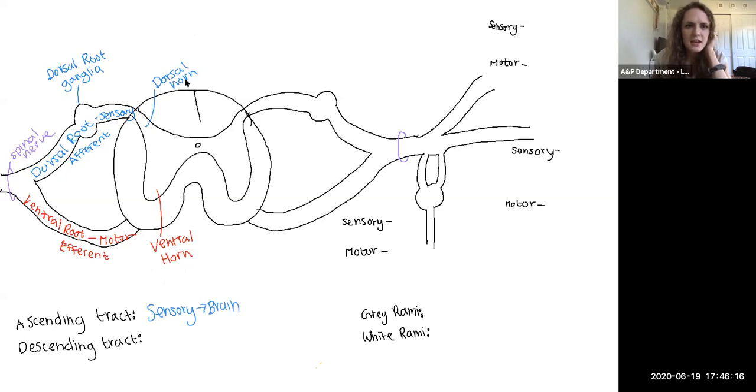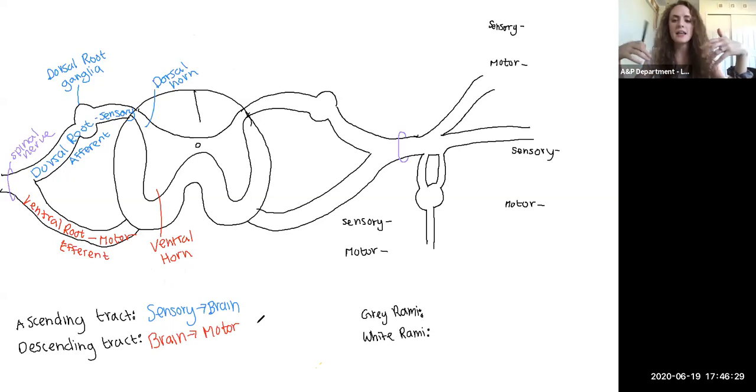Your descending tracts, so nerves that are coming from the brain down, are going to be carrying information from the brain to your motor pathways. Okay, so ascending is taking sensory information up, while descending is taking motor information back down. And that just happens in your white matter.